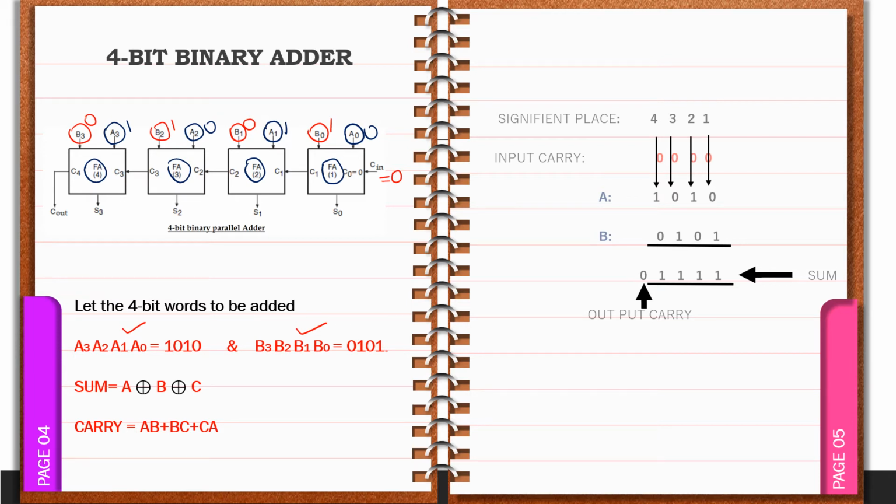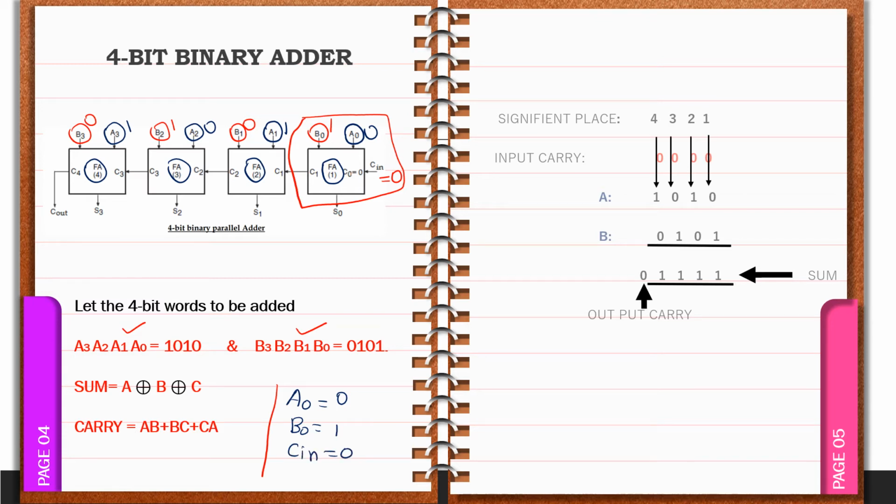First, let me explain only one full adder, that is full adder 1. Here A0 is 0, B0 is 1, and C in is 0.